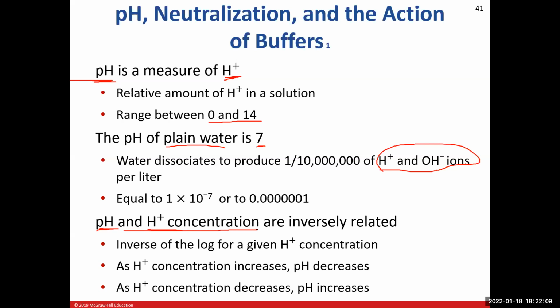When I say something is inversely related, that means if the value of one of those two things increases, then the value of the other thing has to decrease. As one goes up, the other goes down, and vice versa. So here's what this means. As the concentration of hydrogen ions increases, the pH value will decrease for a solution, and vice versa.